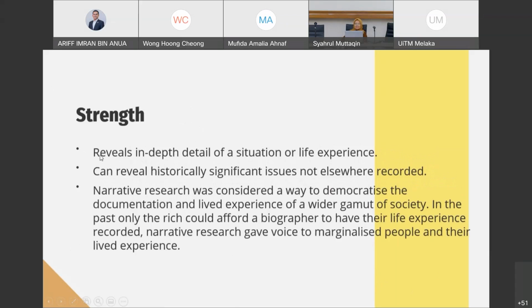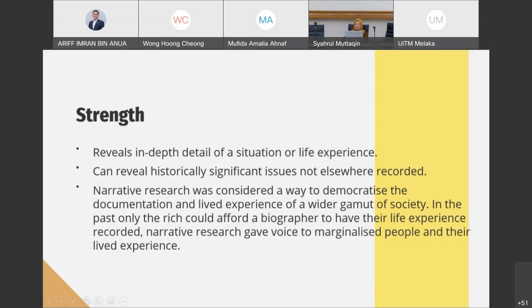This kind of research reveals in-depth detail of a situation or life experience. It can reveal historically significant issues not elsewhere recorded. And this one was considered a way to democratize the documentation and life experience of a wider gamut of society.